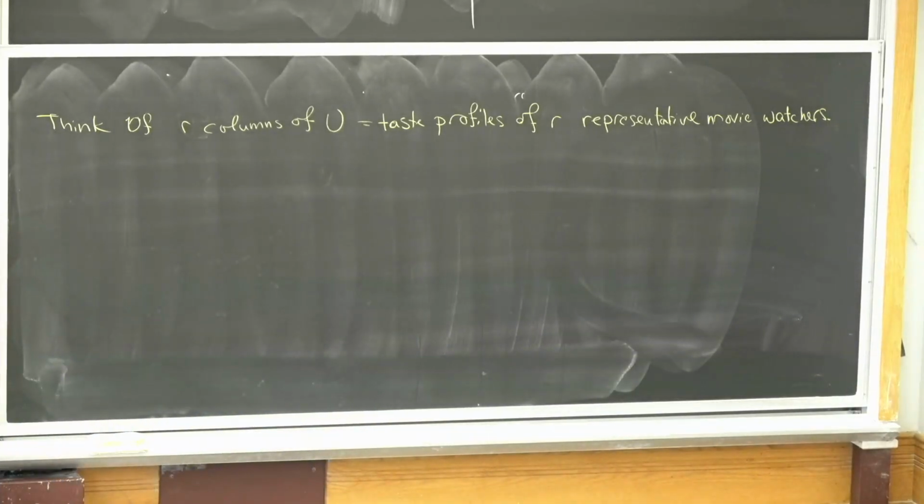And so this could tell us, for instance, the first column of U could tell us how much a romance lover would like each of our movies. And the second column of U could tell us how much a horror lover likes each one of our movies.